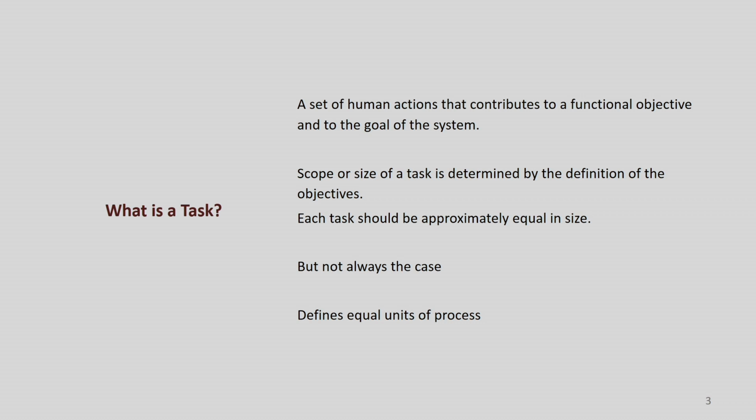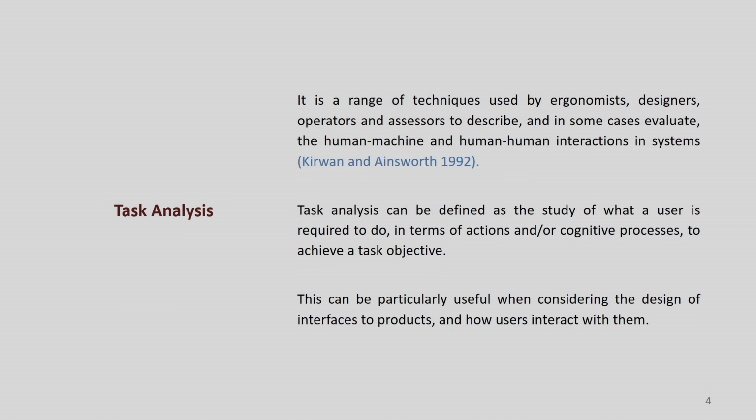Whenever we do task analysis, we first need to define our tasks in the whole sequence of the job and define equal units. That is very important, otherwise it becomes very difficult at the end of the analysis to summarize the whole process. So, we have very specific definitions.